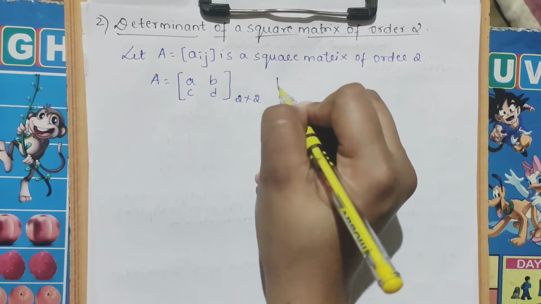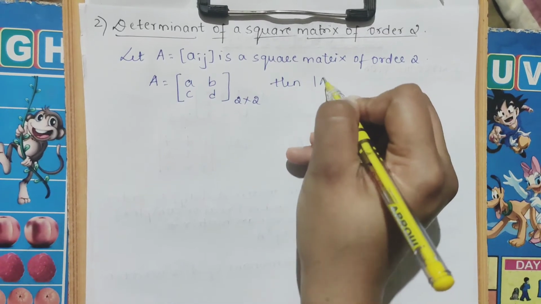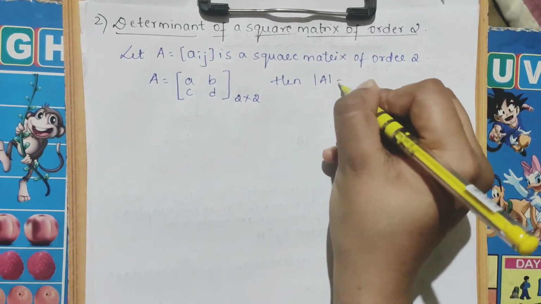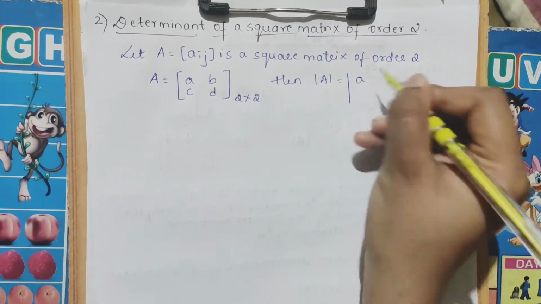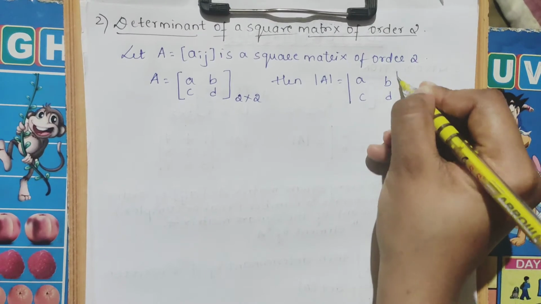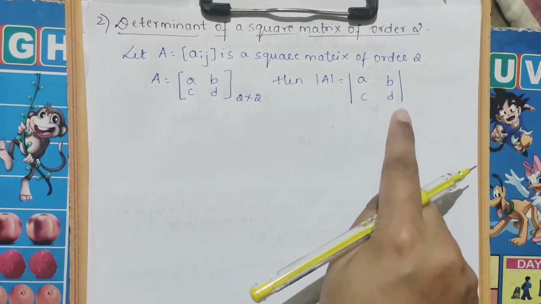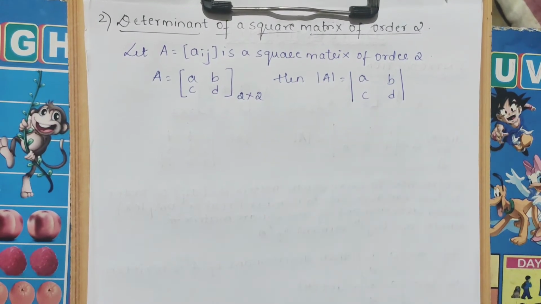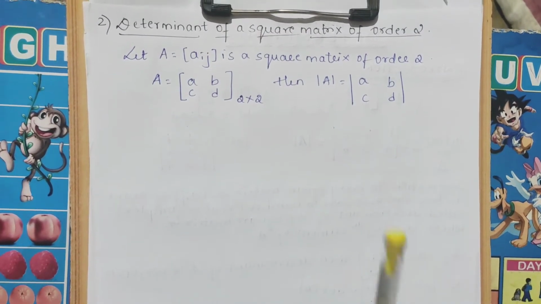Determinant of A, or you can take delta, is given with 2 vertical lines: a, b, c, d, written under 2 vertical lines. Now this is your determinant of a square matrix of order 2.